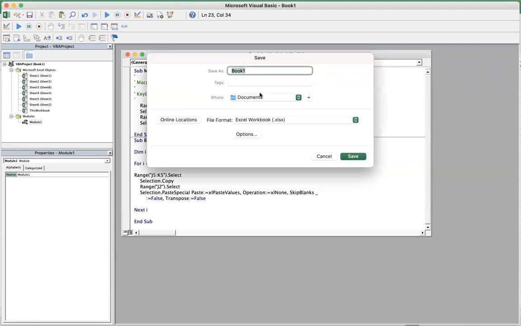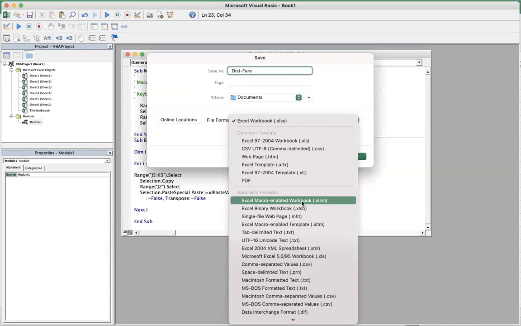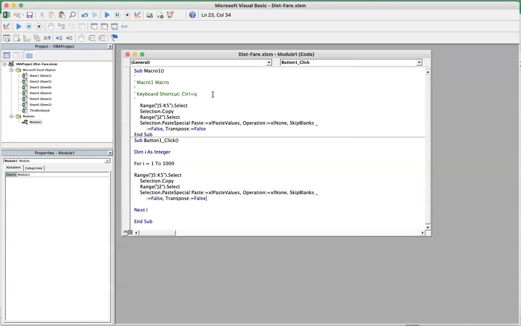I'm going to name it distance fair, and I'm going to make it a macro enabled workbook. Clear?